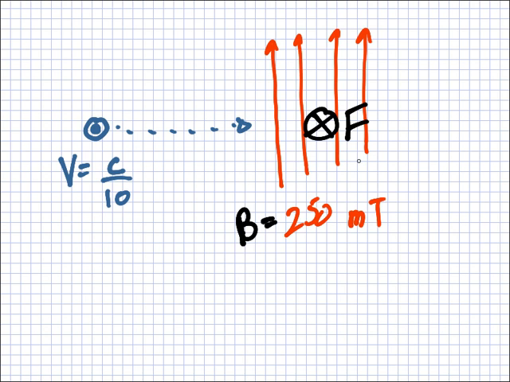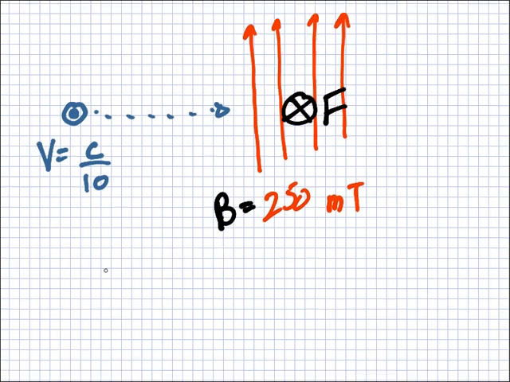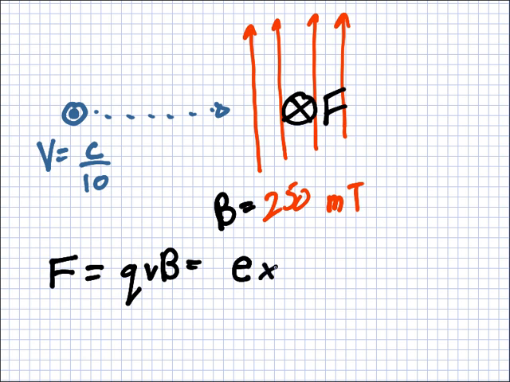Okay, let's calculate. What's the formula I use to calculate F? Yeah, QVB. The Q is the charge of an electron. The V is 1/10 the speed of light. And the B is 0.25 Tesla.